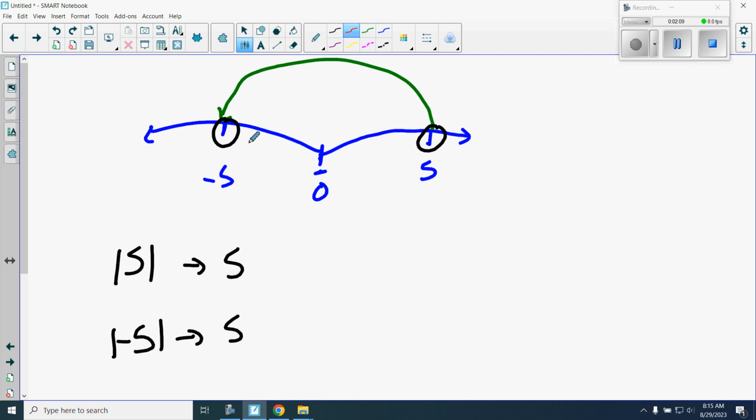Our absolute value is actually the distance it takes to get from 0 to 5, or its distance from 0. And the same distance it takes to get from 0 to 5 is that distance from 0 to -5.